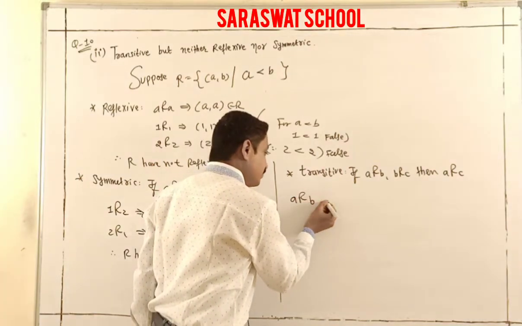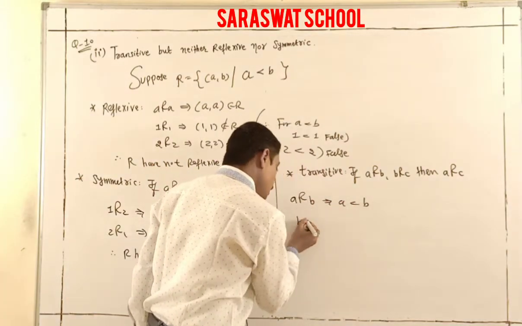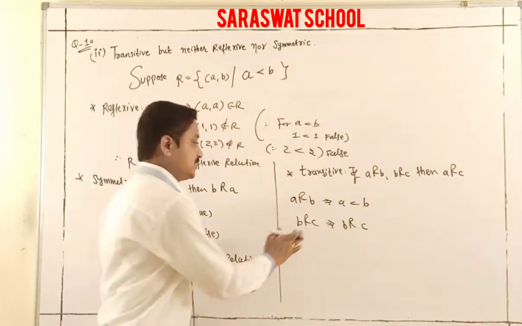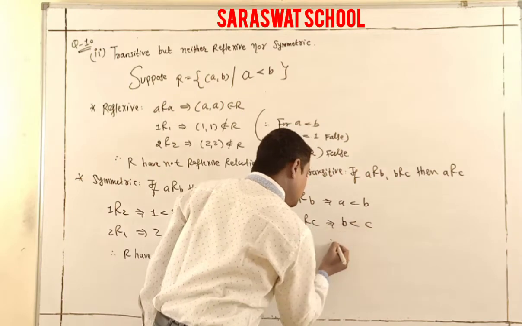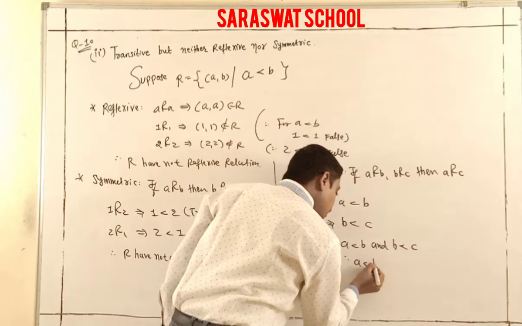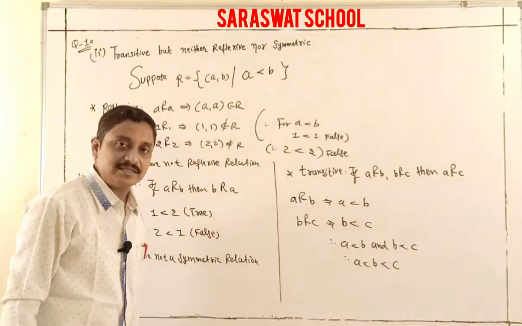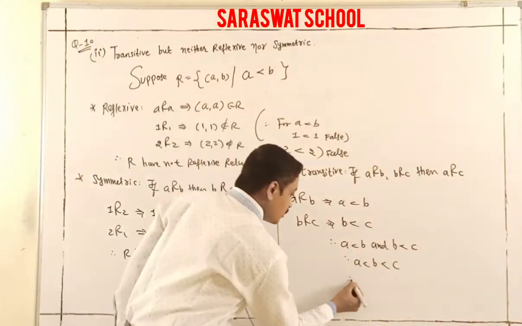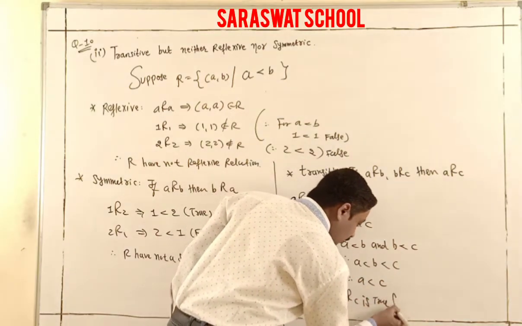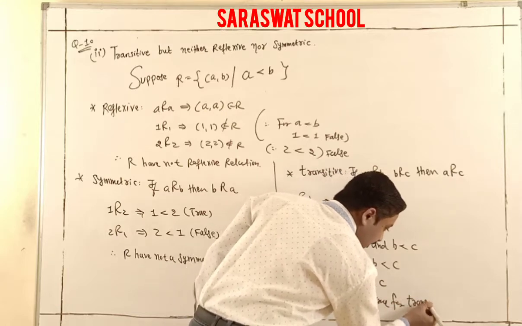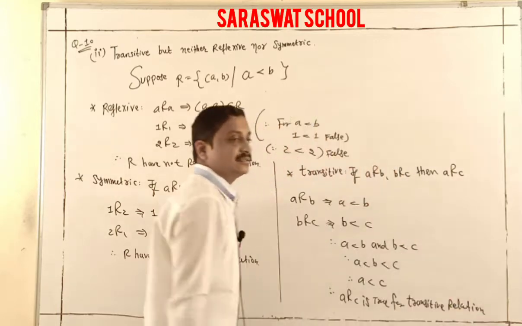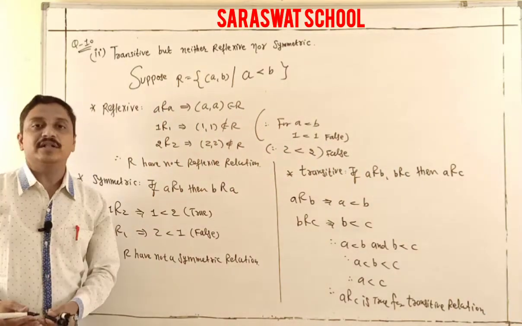A relation B means A less than B. B relation C means B less than C. So finally A less than B and B less than C. Combining both, A less than B less than C. So A less than C. Therefore A relation C is true for the transitive rule. Here our third question is done.